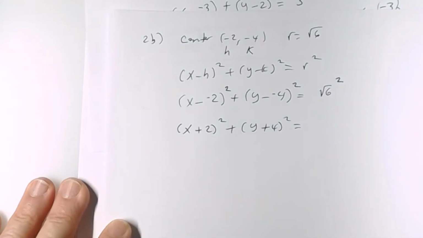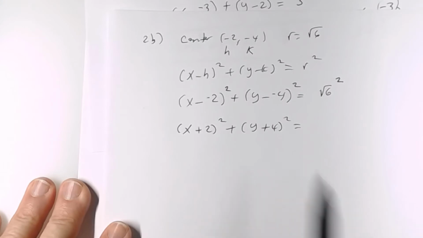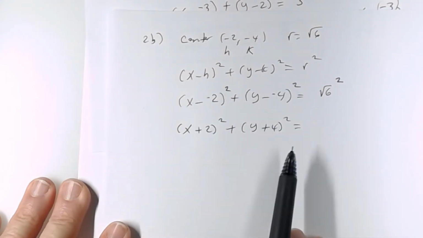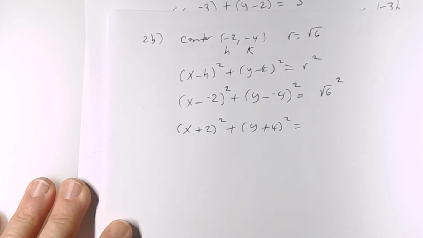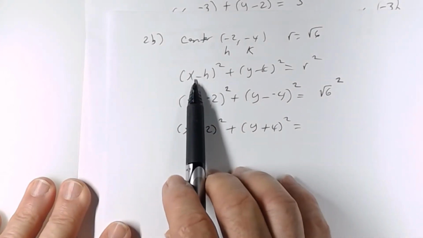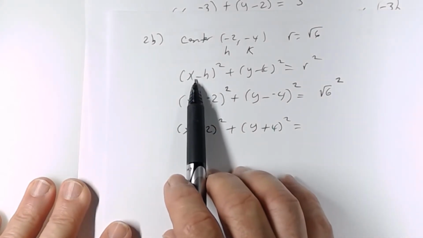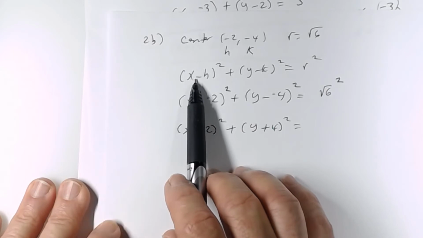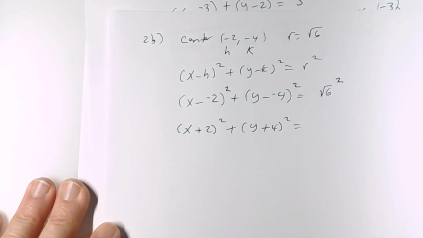But would you want us to write it the first way and then that way? No. You can go from here to the answer because I know that many of you in your mind are saying x minus a negative 2 is x plus 2, right? That's fine. There's certain things I'm picky about because you're skipping too much.